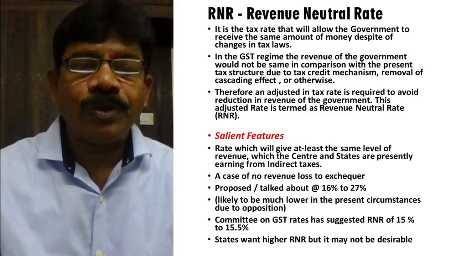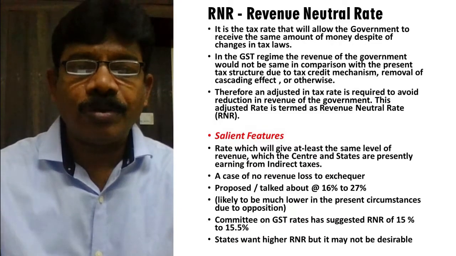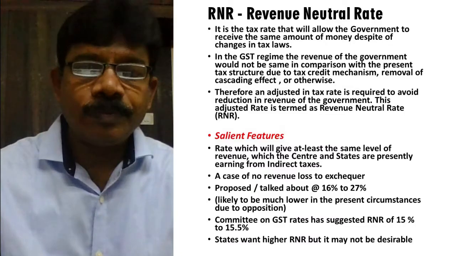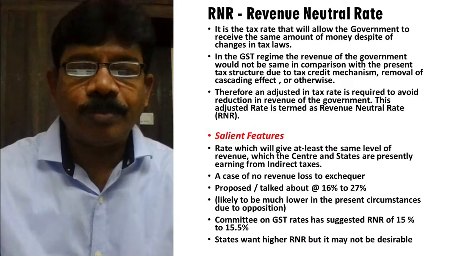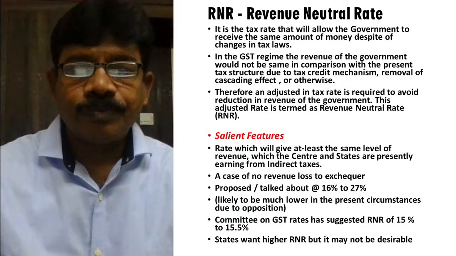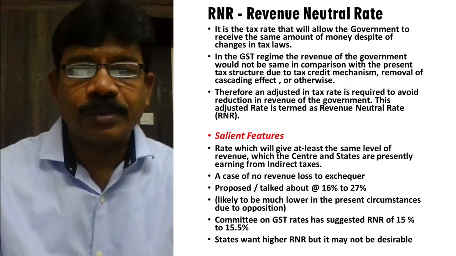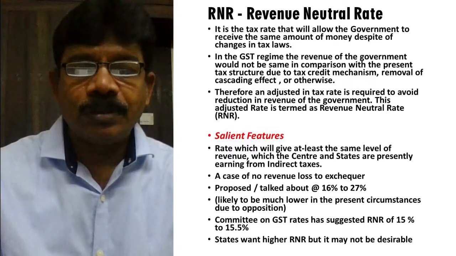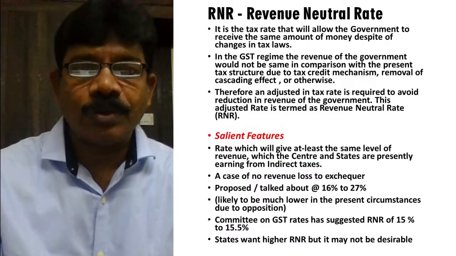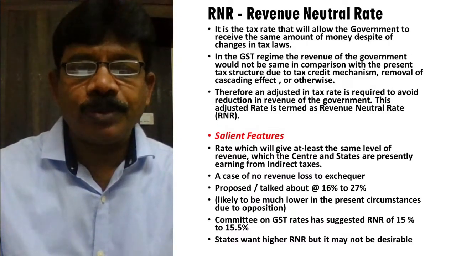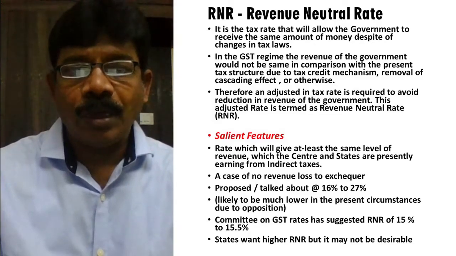Most of the state governments are getting income on beverages, petroleum products and other indirect taxes. State governments' revenue sources are taxes only, so that's why they proposed to increase the RNR.